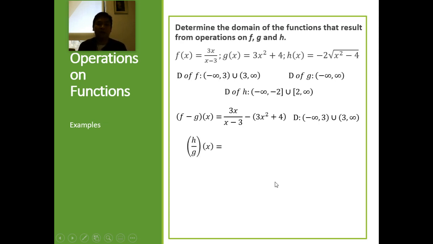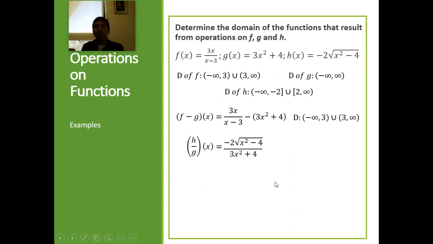While for h divided by g of x, again it's g in this case in the denominator, 3x squared plus 4, does it become 0 at some point or at some value of x? 3x squared plus 4 can never be 0.